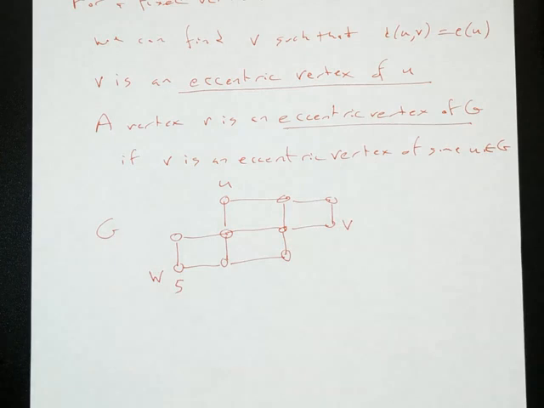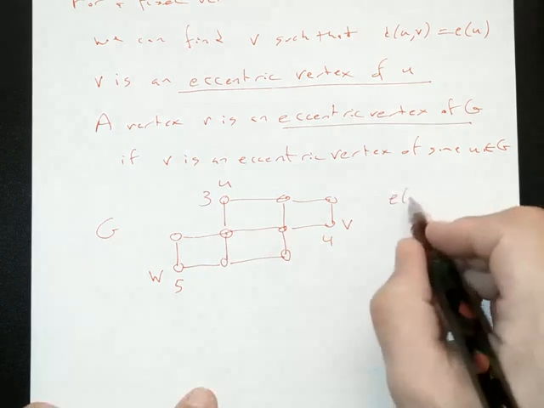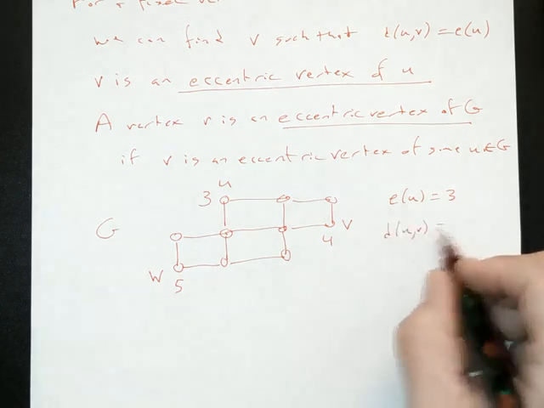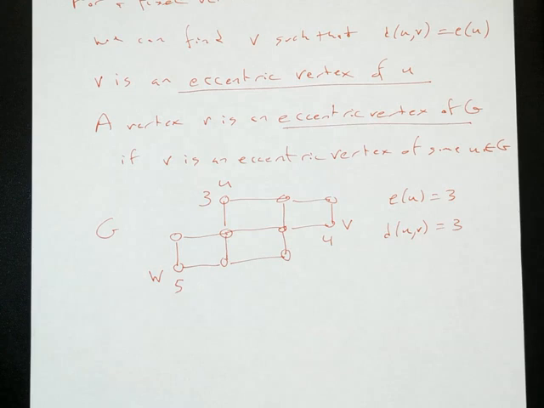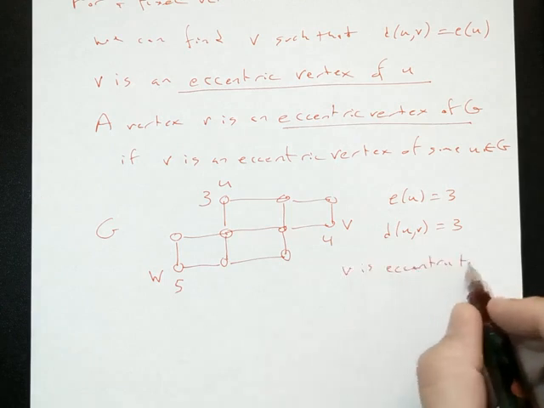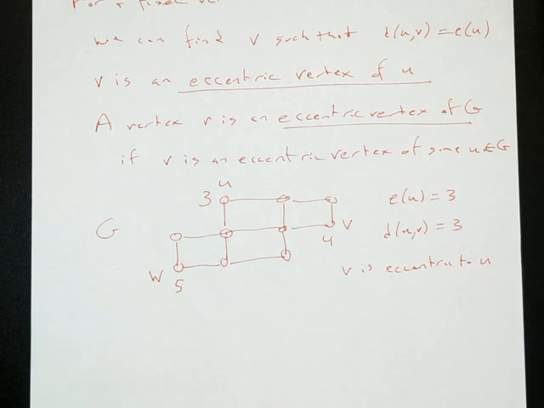And U? So E of U is 3. I clearly see a vertex that is 3 units away. Yes? The distance from U to V is 3. So V is eccentric to U. But the eccentricity of V is 4.